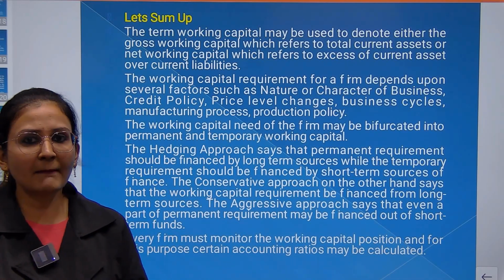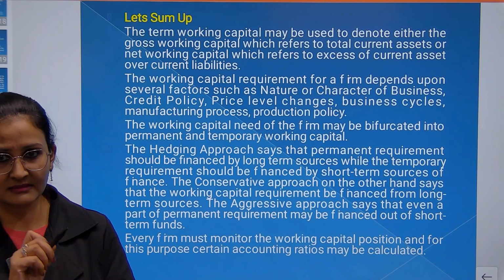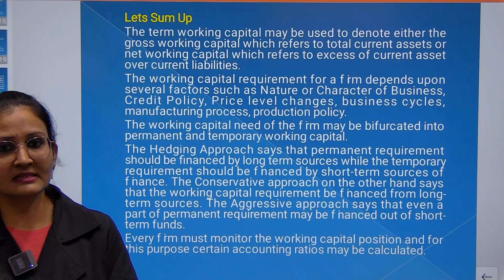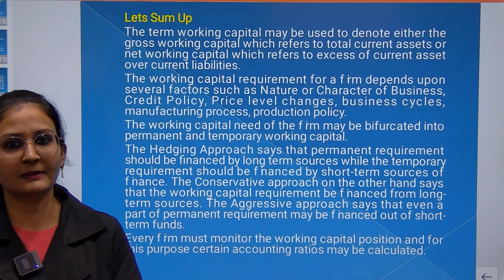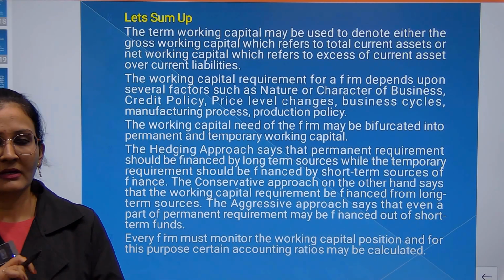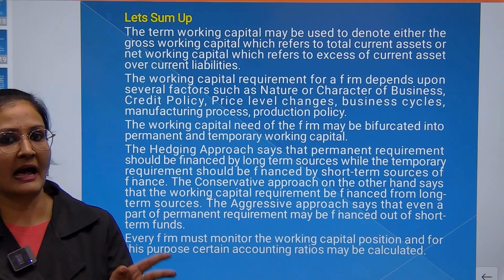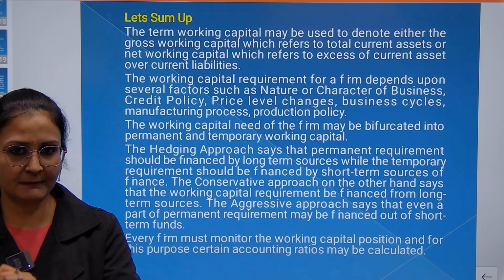Next, the working capital requirement for a firm depends upon several factors such as nature and characteristics of business, credit policy, price level changes, business cycle, manufacturing process, production policy of the firm, etc. Next, the working capital need of the firm may be bifurcated into permanent and temporary working capital.